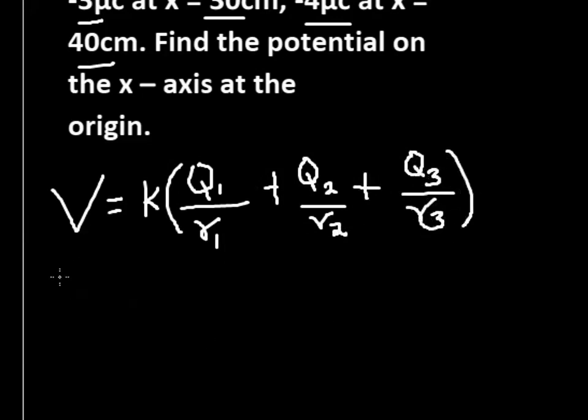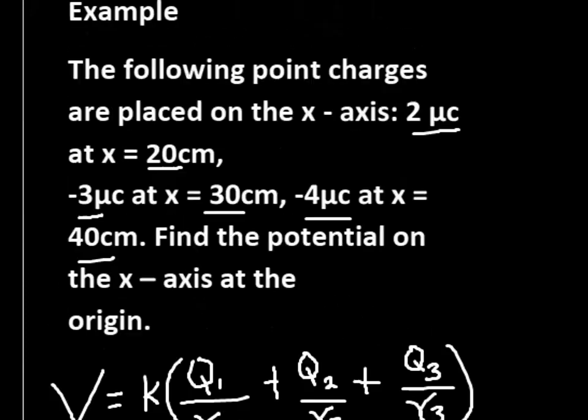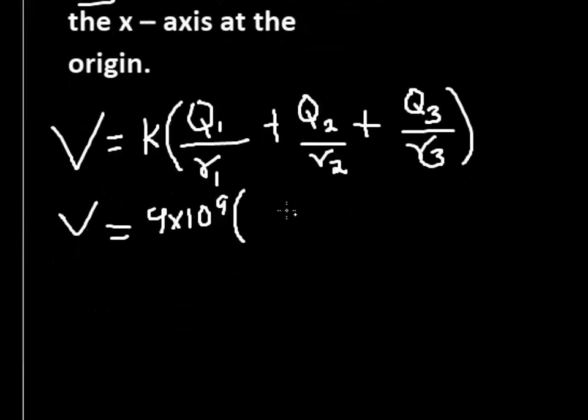So let's go there. You know what our K is: 9 times 10 raised to the power 9. Open bracket. What is my Q1? My Q1 is 2 microcoulombs, and the distance is 20 cm. So that's 2 microcoulombs divided by 20 cm. Then I have to convert that cm to meters. Don't forget. So that's 0.2.